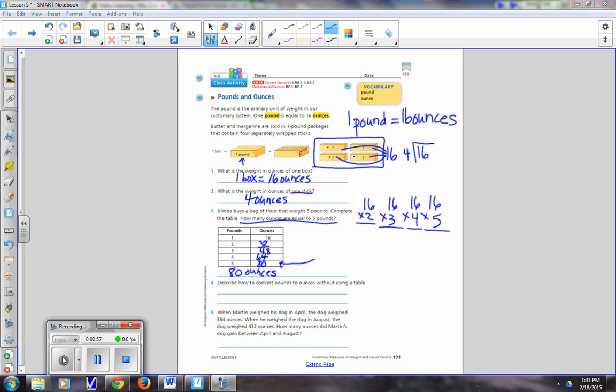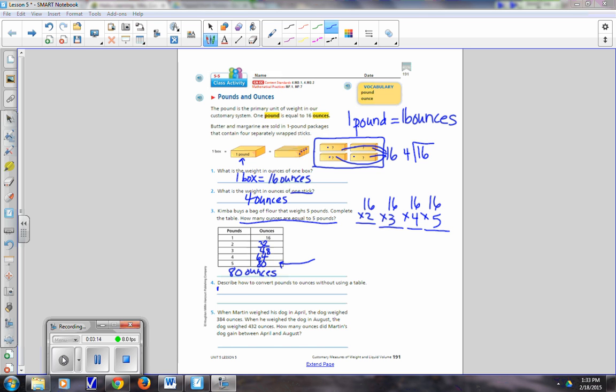So now, how would you describe this? How would you do this without having to fill in this table? What if I just wanted to know, 5 pounds equals how many ounces? What is your thought process? Well, what did we do?